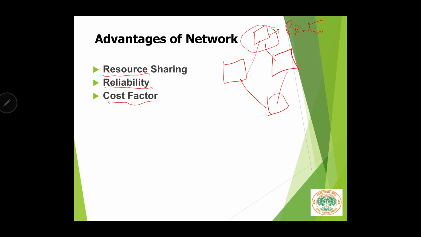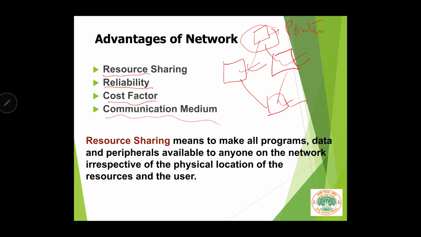As I have already discussed with you in the example of the printer, instead of buying three printers, if we can do our job with just a single printer, our cost will dramatically reduce. Next is the communication medium. Of course, we can share information among the different devices connected in the network, so it leads to better communication facilities.